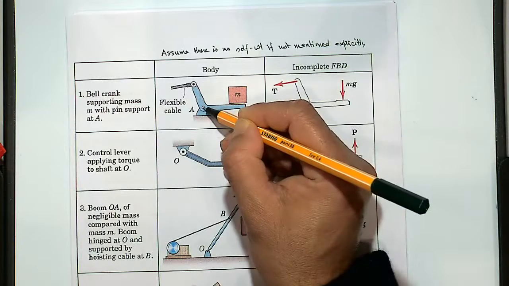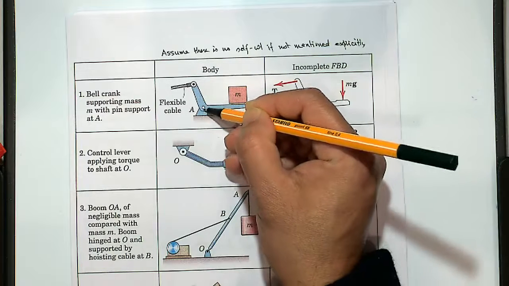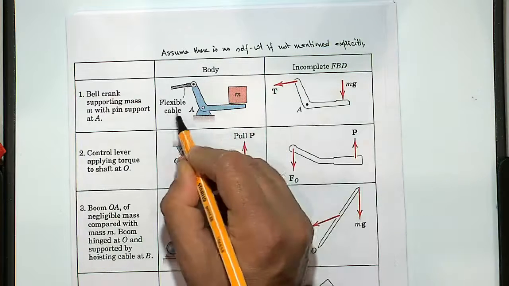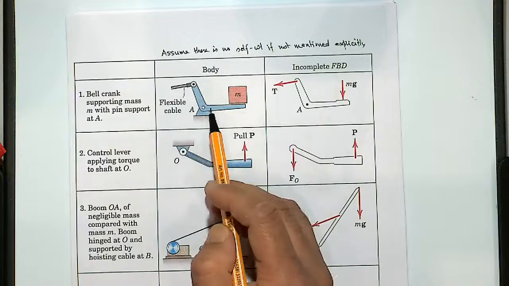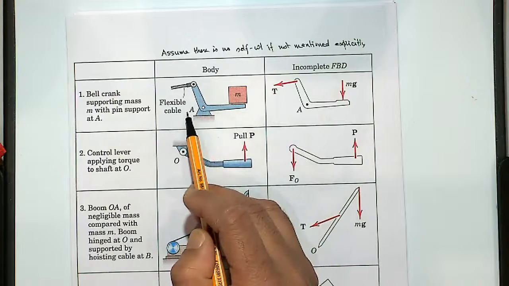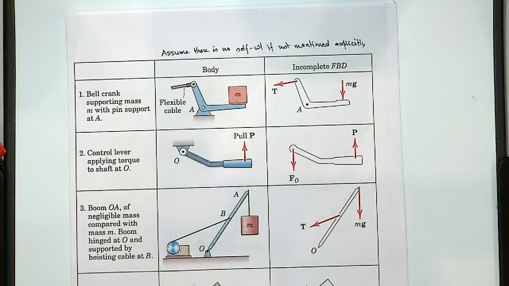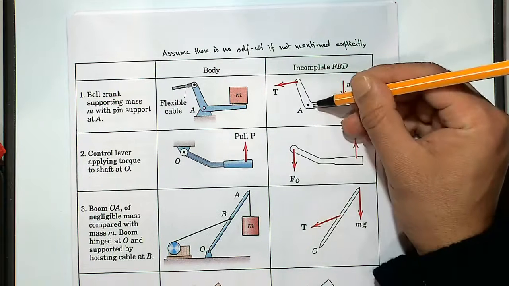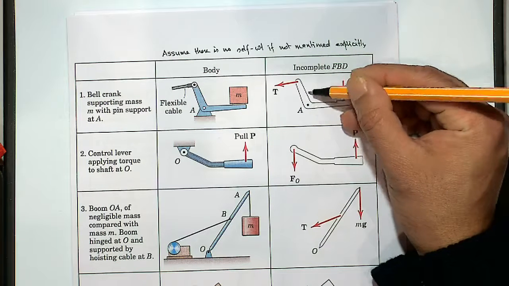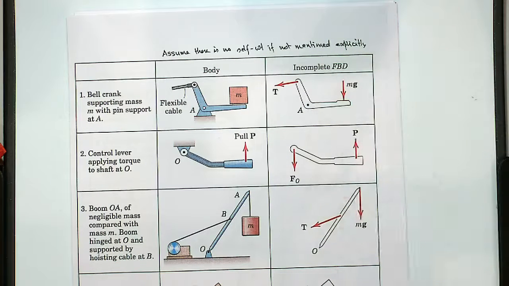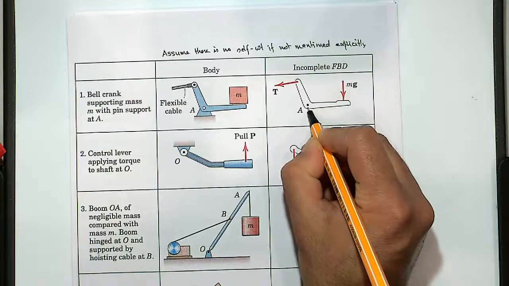For example, the pin cannot go down or up for that matter, or go horizontally, left or right. So as a rule of thumb, always remember that if any movement is restricted, there is a possibility of reaction forces. This pin restricts movement in the vertical direction, so there is a possibility of a vertical force.